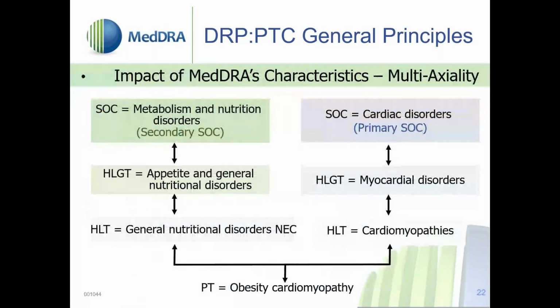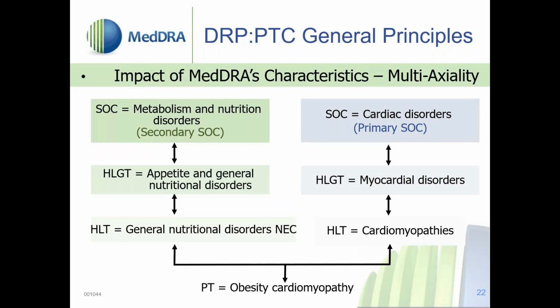The next MedDRA characteristic which impacts data retrieval is the multi-axiality. Here you see the PT obesity cardiomyopathy as an example. The primary SOC is cardiac disorders, and it is linked to that SOC via the HLT cardiomyopathies and HLGT myocardial disorders.